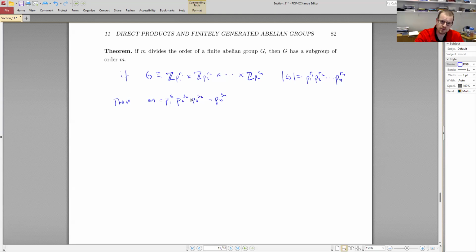So if we have that M is equal to this, then what I want to do is identify the element, or at least show that there is an element, call it (A1, A2, A3, all the way up to An), in the direct product with n groups, so n entries, where the order of A1 is P1 to the S1.